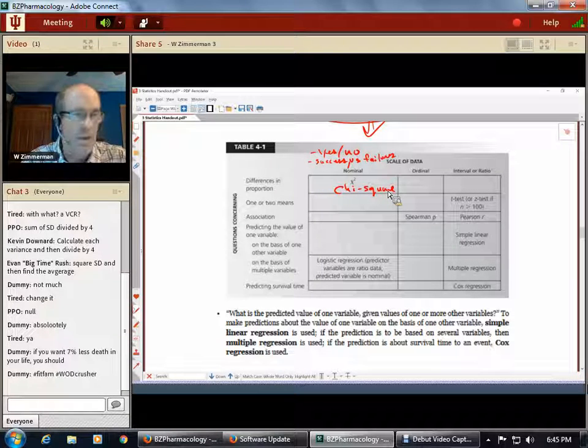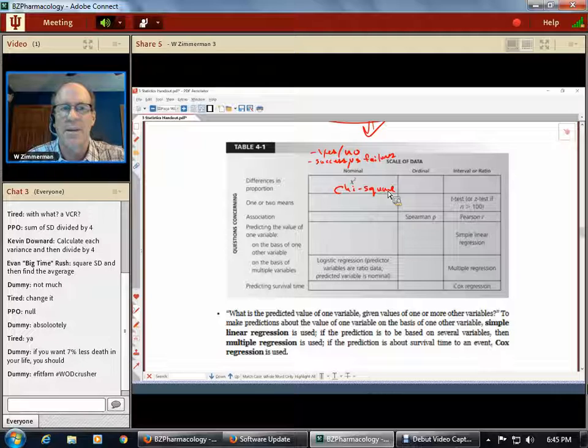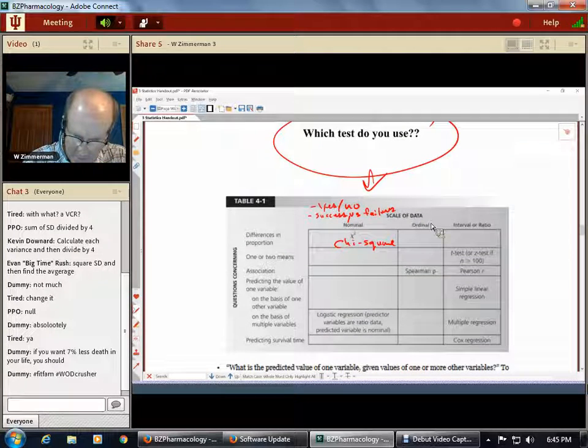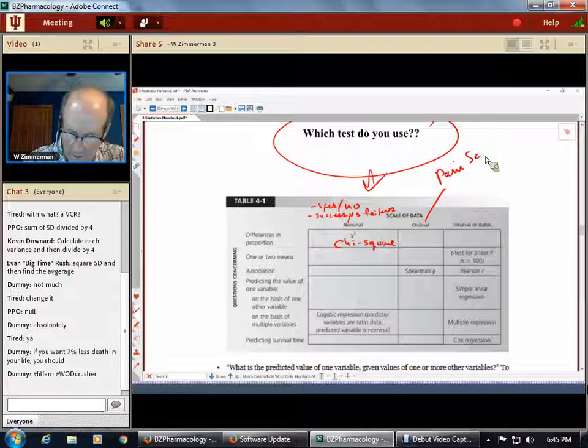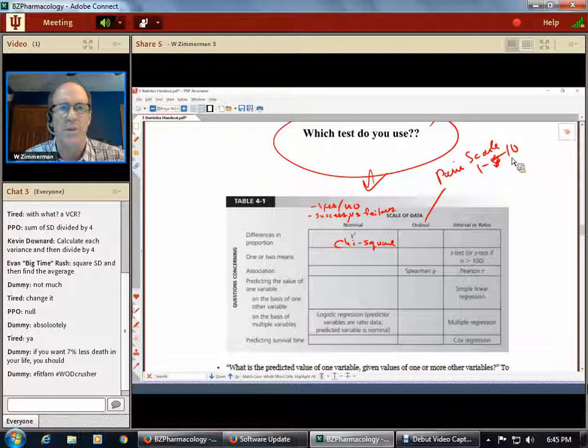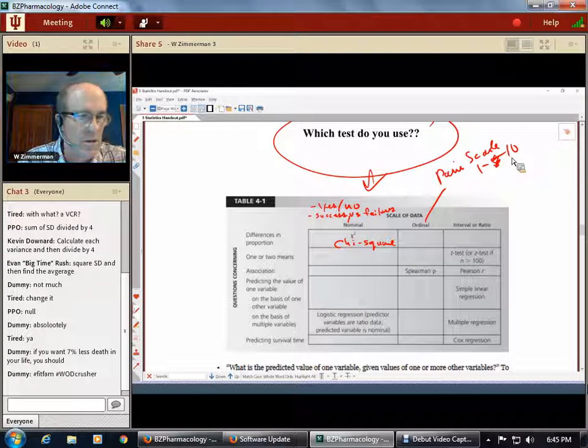Ordinal data is data that's put on a scale. Things like a pain scale, for example, where you rate things from 1 to 5, or 1 to 10 usually, actually. Put your pain, with 1 the least, 10 the greatest. That's an ordinal scale.